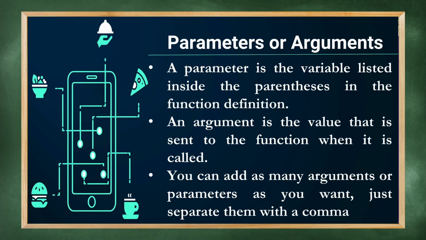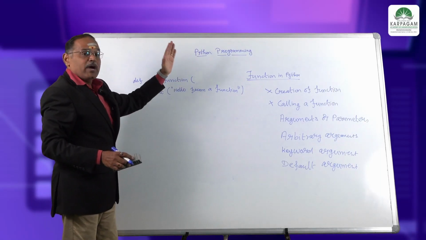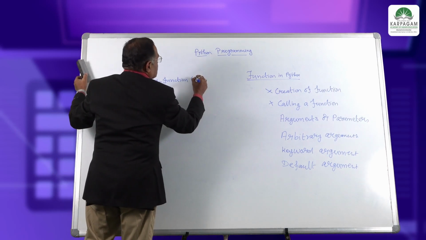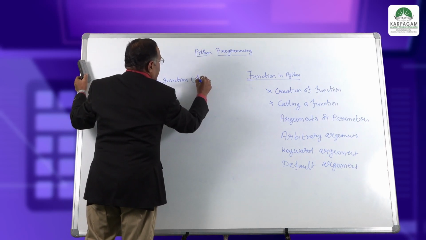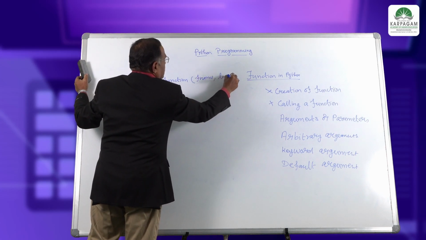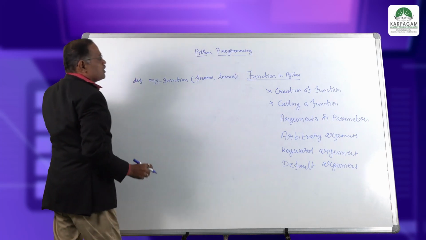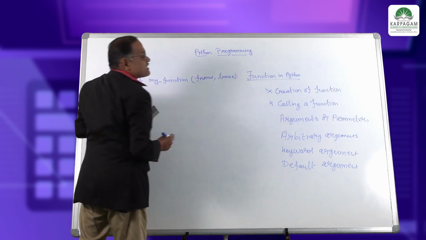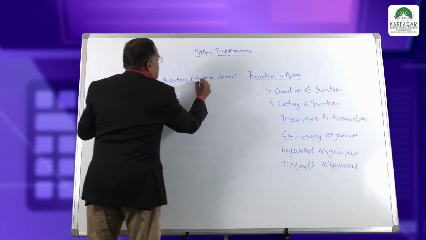Now we are going for arguments or parameters. How to create parameters? The parameters will be given within this parenthesis while declaring the function. Parameters can be like this: first name, comma, last name. So while declaring, if you give some variables, then those are considered as parameters.